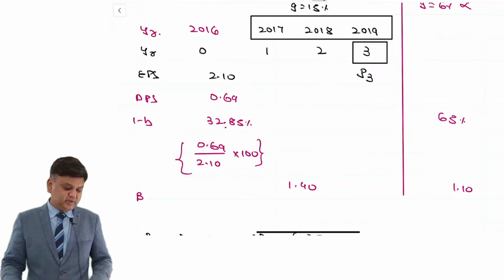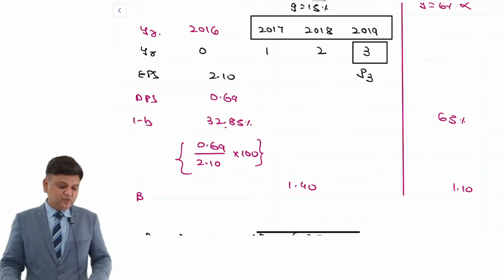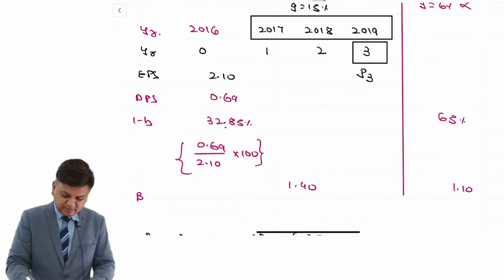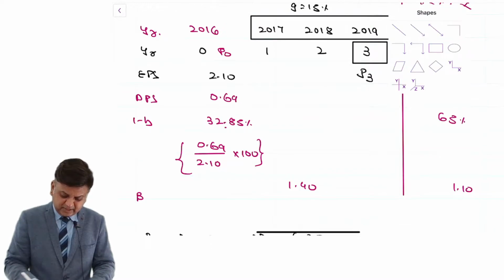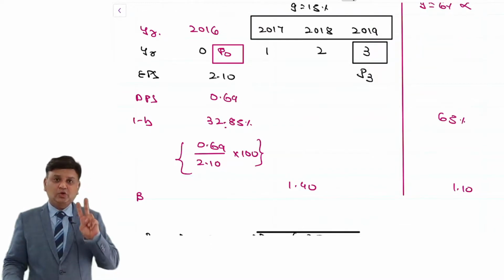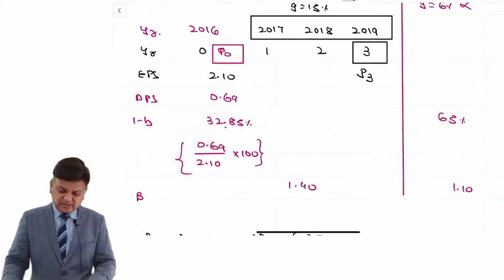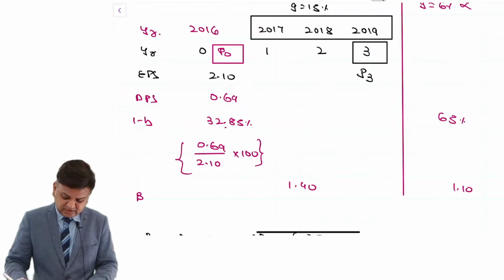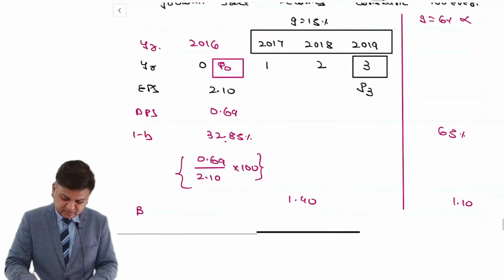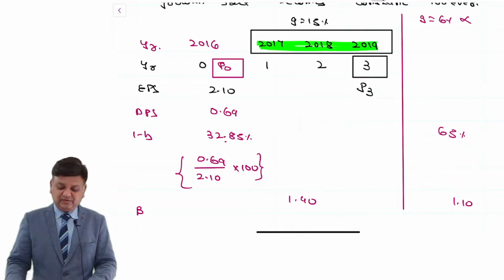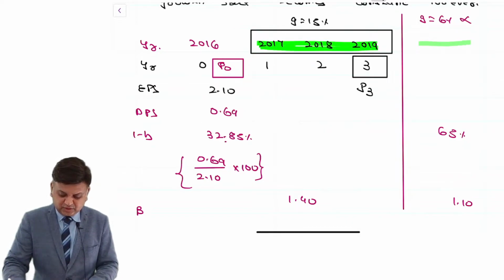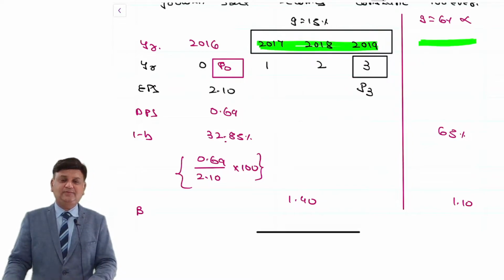The second question is, what is the value of the stock using the two-stage dividend discount model approach? It means we are required to calculate P0, in which they have specified the two-stage dividend discount model approach. It means discounting the dividend for the first 3 years and discounting the dividend from end of year 2020 onwards for perpetuity.